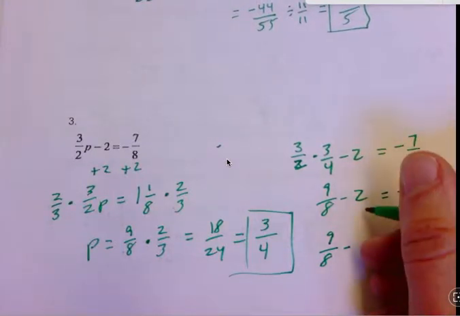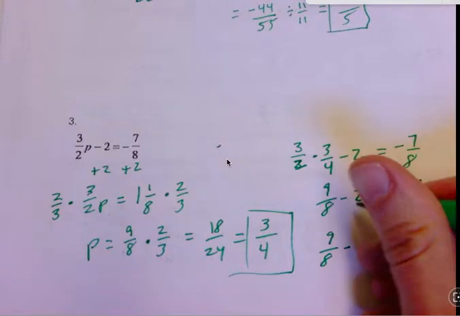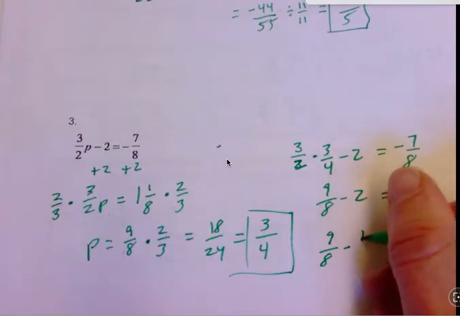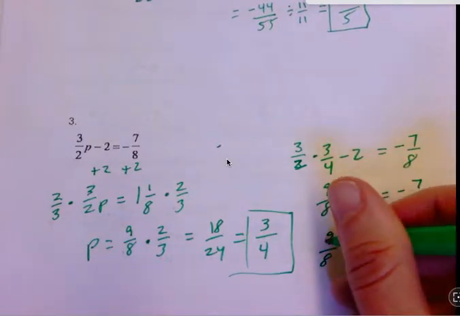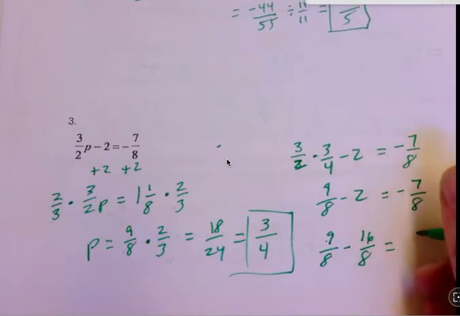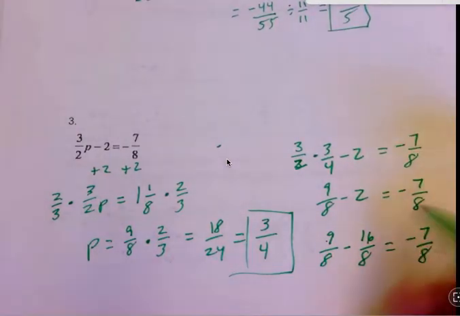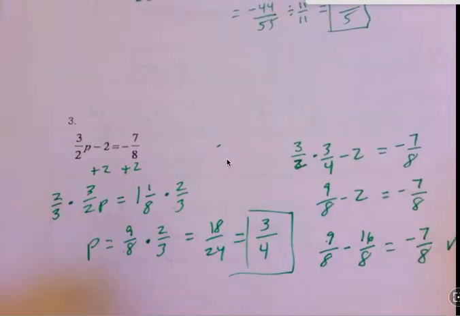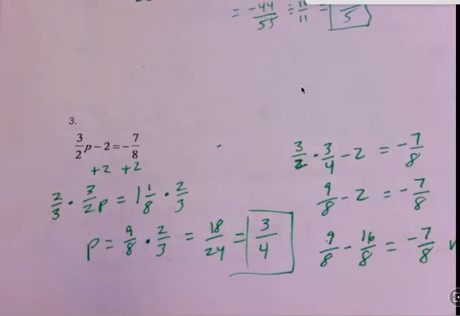So there's 8/8 in 1, so there's going to be 16/8 in 2, so minus 16/8. And then we get to this point of saying, okay, well, that's definitely true. 9 minus 16 is negative 7, and they're all 8ths, so that checks out. We only need to think about the numerator. And that's how we solve equations with reciprocals.